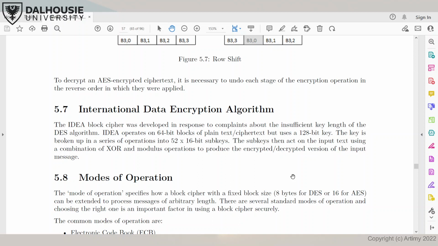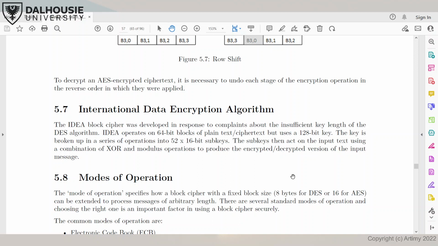It uses 64-bit blocks, but the key is 128. So the key is 128 like AES, but the size of the data block is 64, which means that we take any document and split it into 64-bit blocks, and then we apply the algorithm to each one of them.